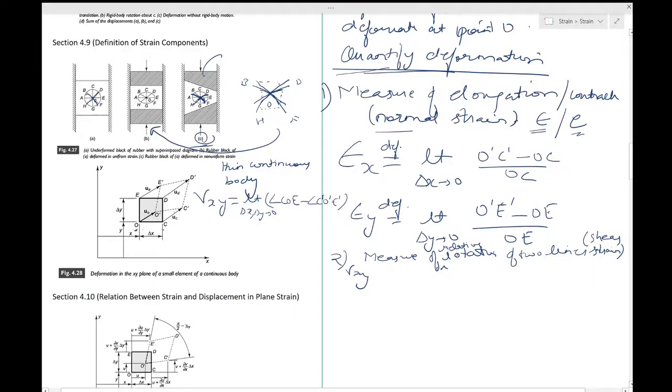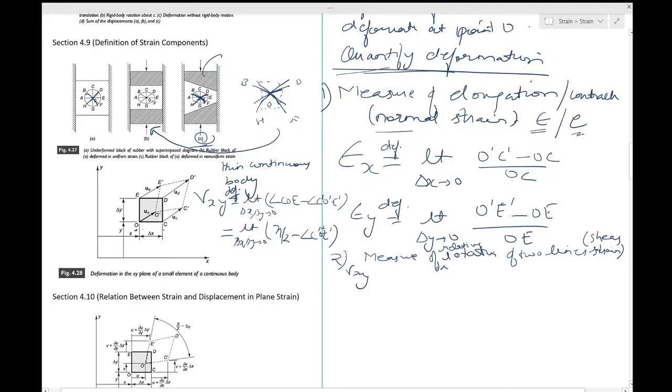If this angle C'O'E' had remained 90 degrees, then you would say there was no shear strain, because there was no relative rotation. So this can be written as the limit of delta x, delta y tending to 0 of pi by 2 minus angle C'O'E'.